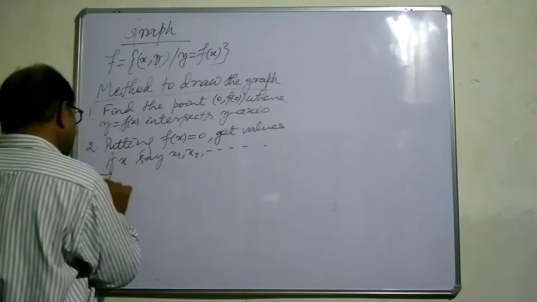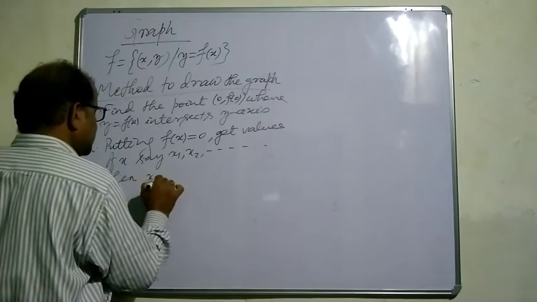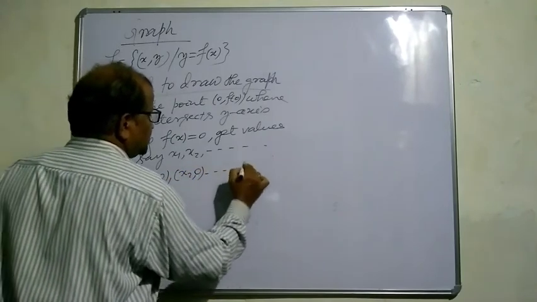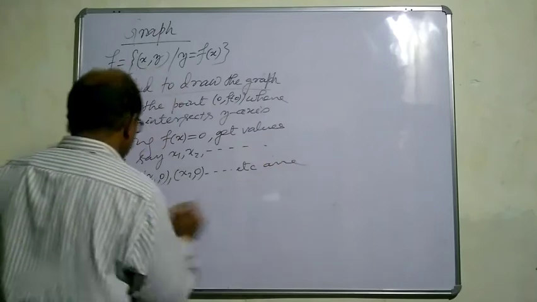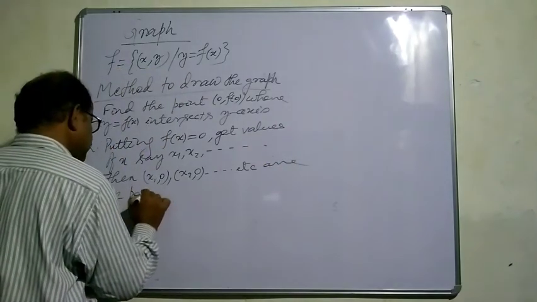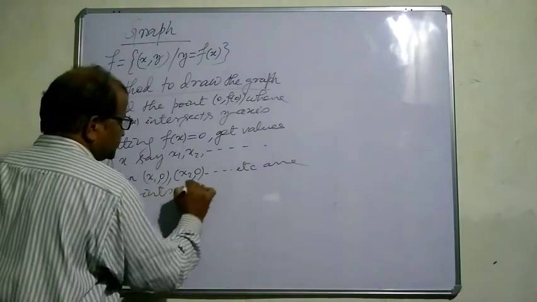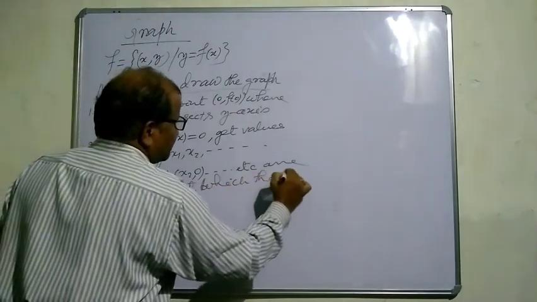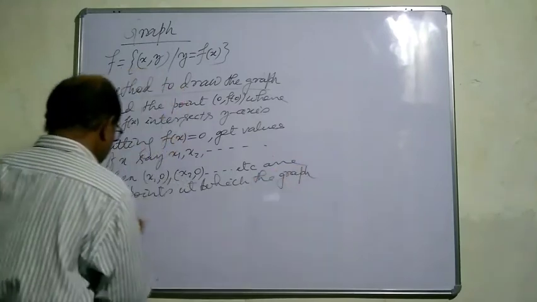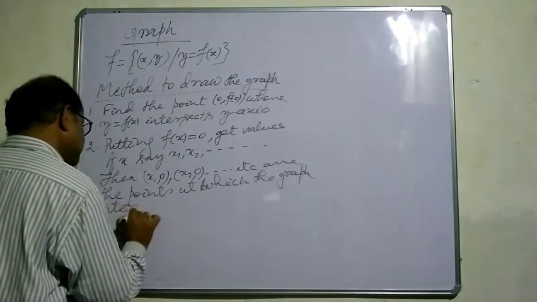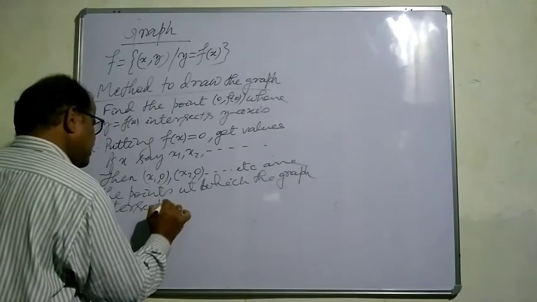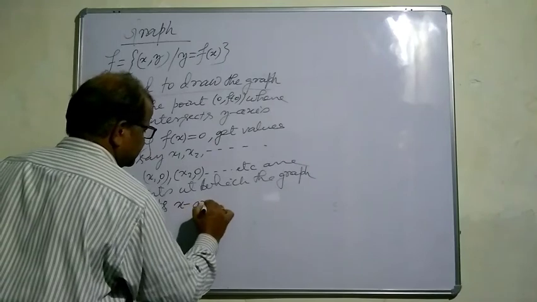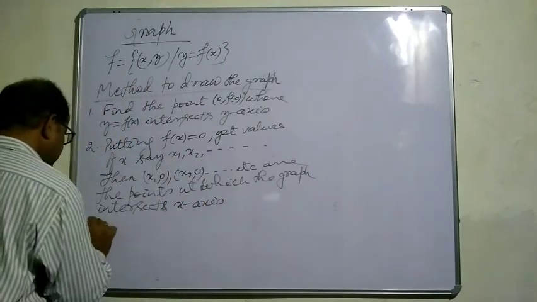Then (x1, 0), (x2, 0), etc. are the points at which the graph intersects the x-axis. In this way, we will make an idea of the graph.